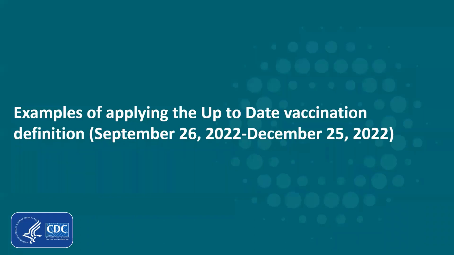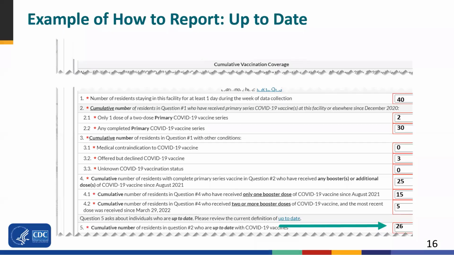Let's review a few examples of how to report up-to-date COVID-19 vaccination status. As a reminder, beginning September 26, 2022, most individuals should only be counted as up-to-date if they received an updated bivalent booster dose.